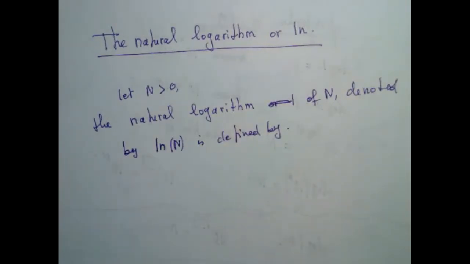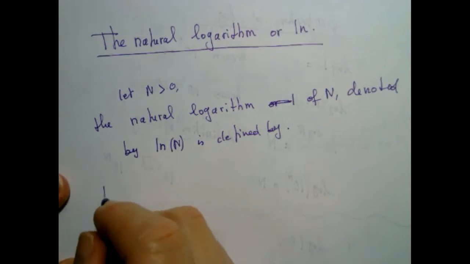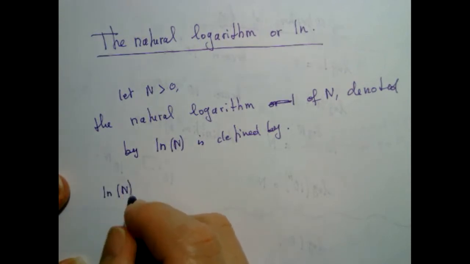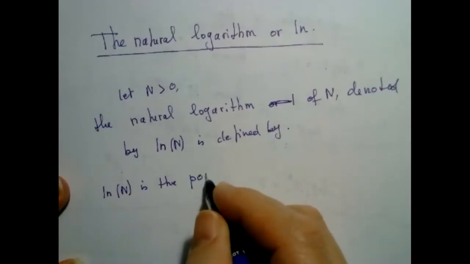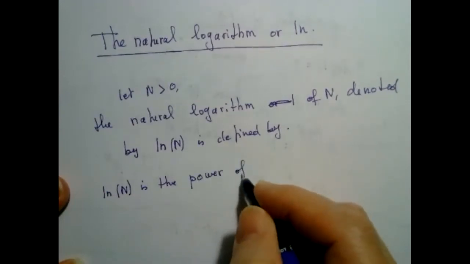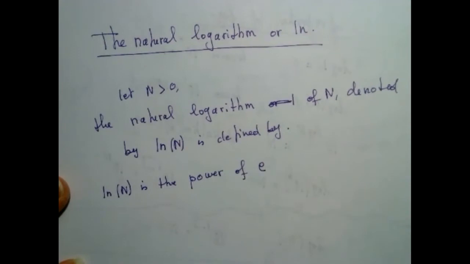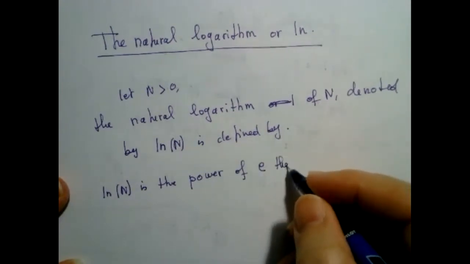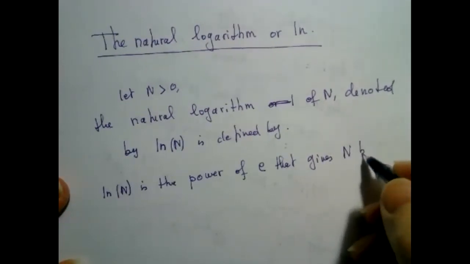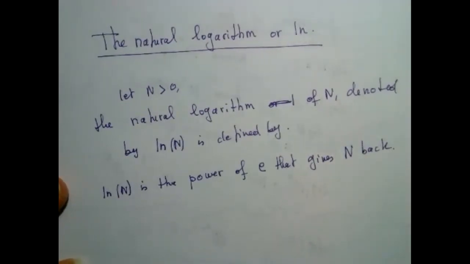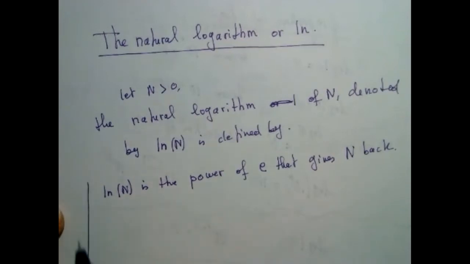it's the same thing as before, but instead of 10, I'm going to use the number e. So ln of n is the power of e, which is 2.7 something, that gives n back. So it's the same definition as before, but with e.